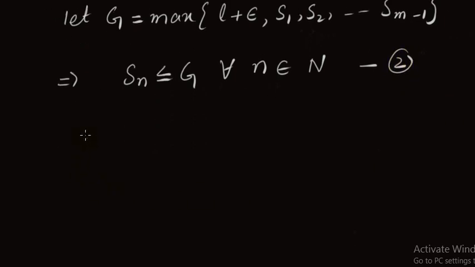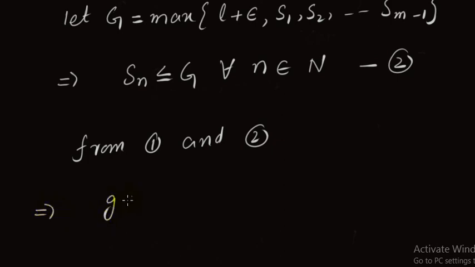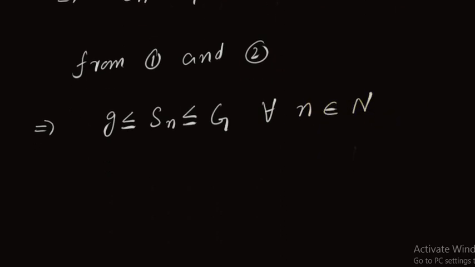Now from equation 1 and 2, we can write small g is less than or equal to Sn, and Sn is less than or equal to capital G for all natural numbers n belonging to N. And this is the definition of a bounded sequence.